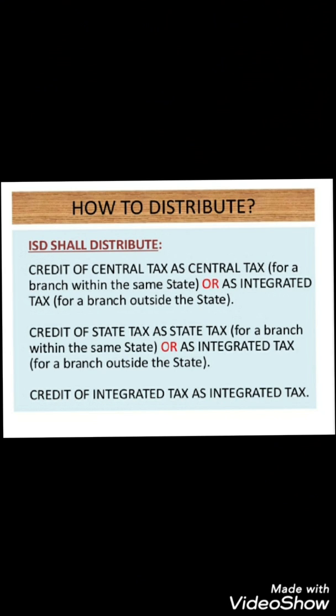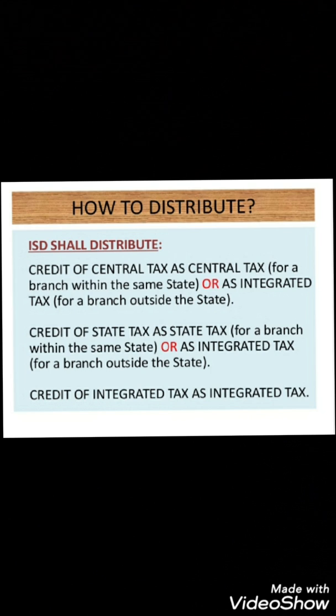Now the next point is how input service credit is distributed. There are some criteria for distributing the input service credit to the branches, and the number one is that credit of central tax as central tax for a branch within the same state or as integrated tax for a branch outside the state. To understand it more clearly, suppose that there is a corporate office of ABC Limited in Delhi and it has its four branches in Gurgaon, Mumbai, Chennai and Ahmedabad.